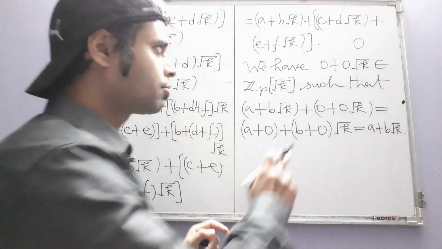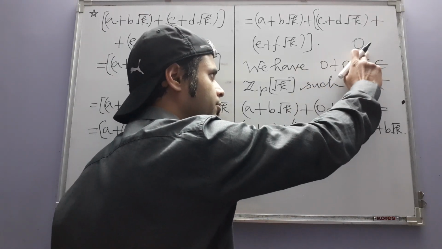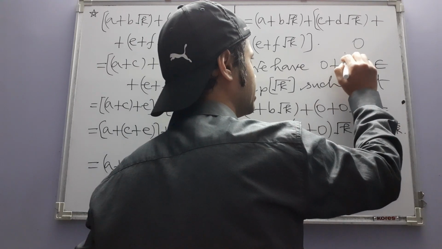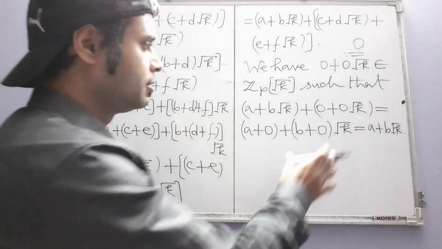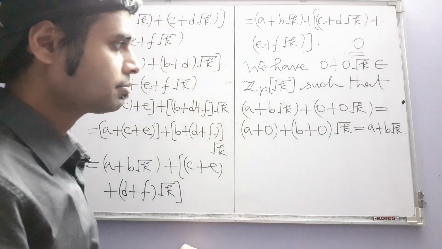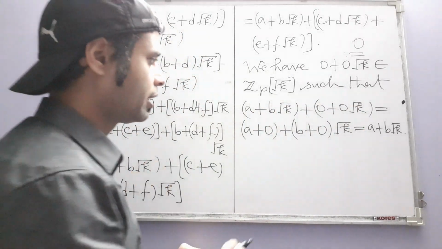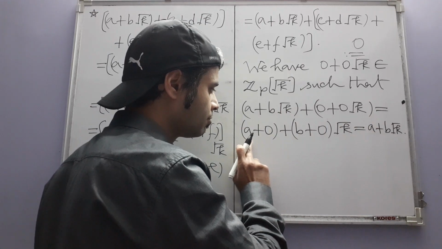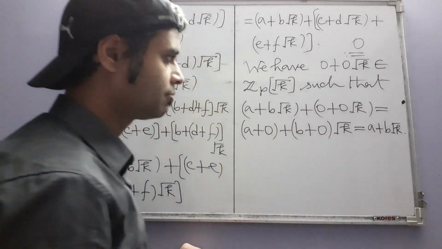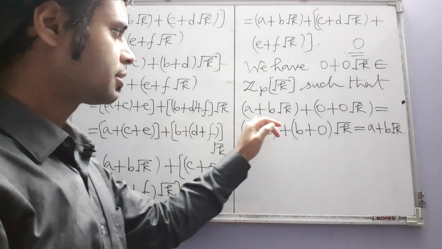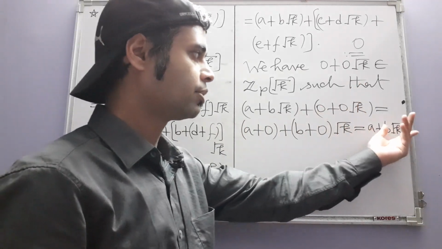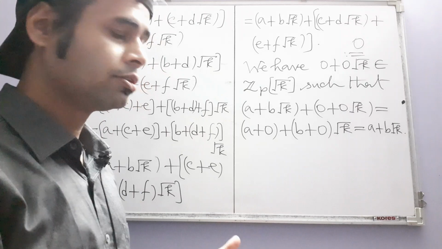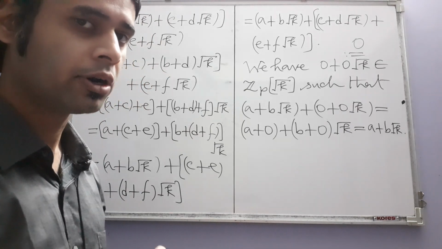If you want to call this element 0, you have to define that this will be called 0. Then only you can write this plus 0. And also keep in mind that we are again carefully applying only the definition of addition. We are not just simply saying that, oh, okay, so we have 0 here, so we are going to get this same thing back. No, you have to actually see whether that is true or not.